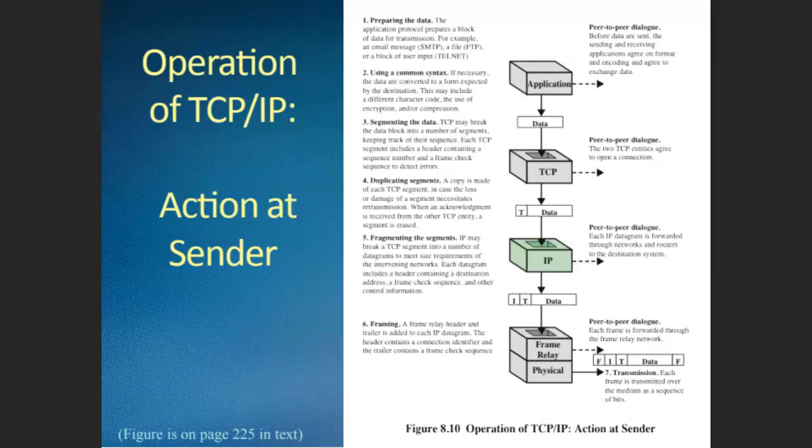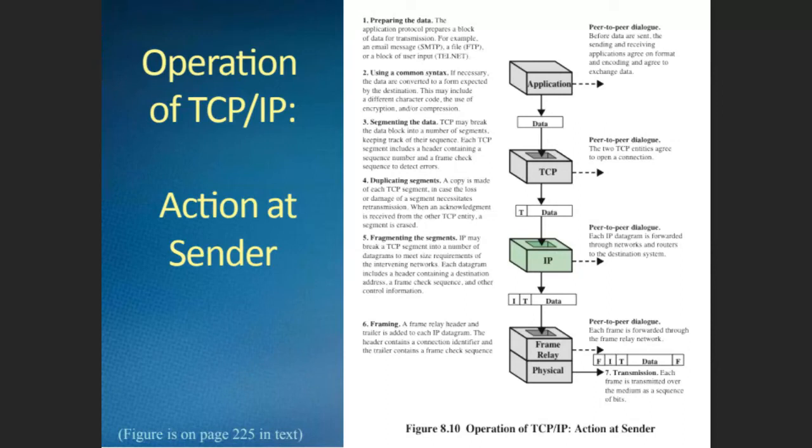Okay. Then after the transport layer, it will go to the network layer. The network layer will check who's the source and who's the destination. Let's say you are sending a packet to cisco.com.